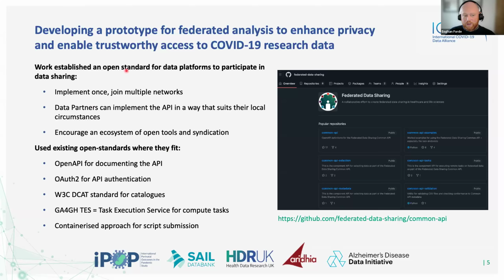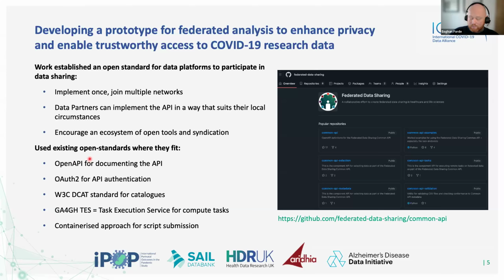And the idea was to establish an open standard for data platforms to participate in data sharing or federated data sharing. Some of the key principles that were set about were the ability to implement once and join multiple networks, the ability to allow data partners to implement the API, or the common API as it's called, in a way that suits their circumstances, i.e., it's not one size fits all, and then ultimately encourages an ecosystem of open tools and syndication.